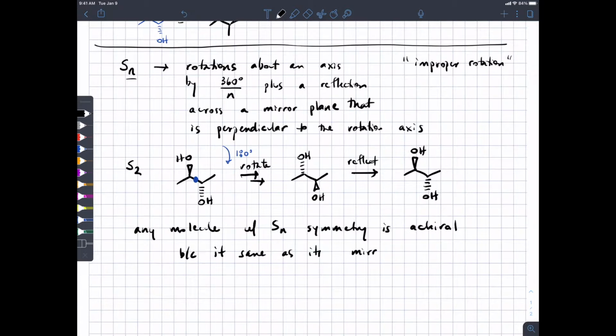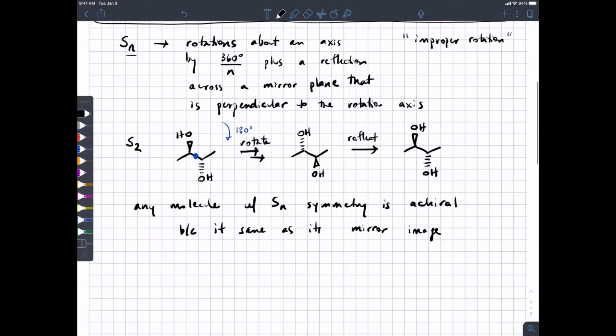So one of the ways we can define chiral molecules is by saying they lack any improper rotation axes. The simplest improper rotation is just S1, which means rotate 360 degrees and then reflect. That's basically just mirror plane symmetry. Okay.